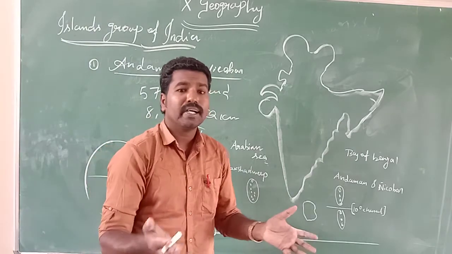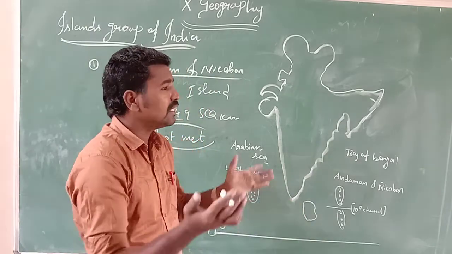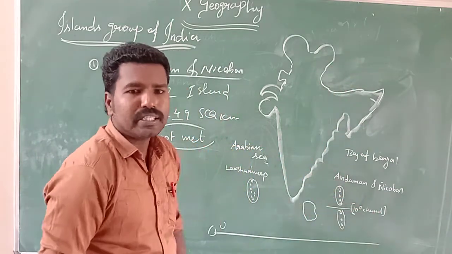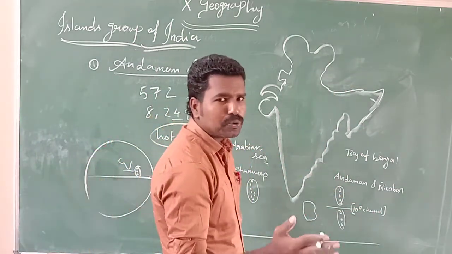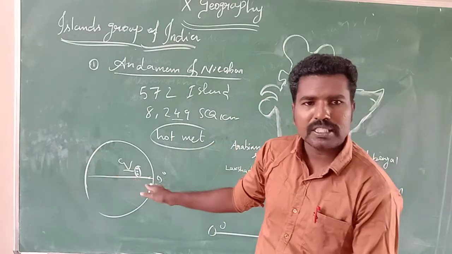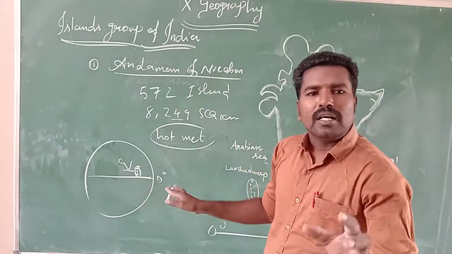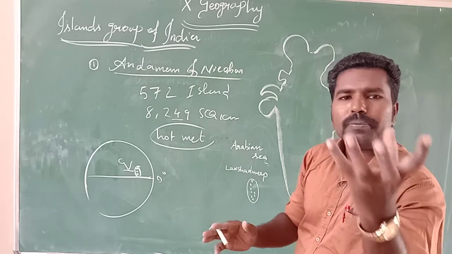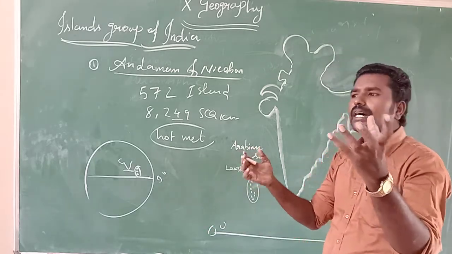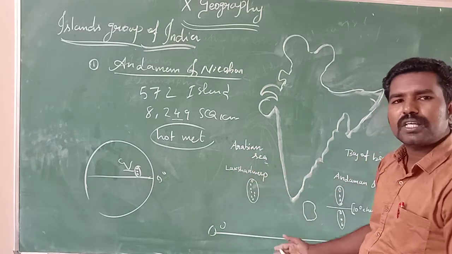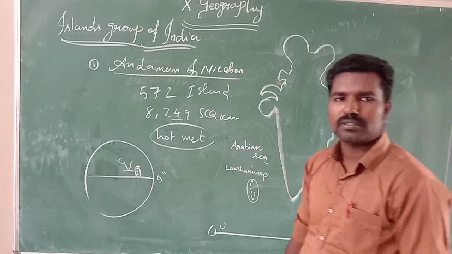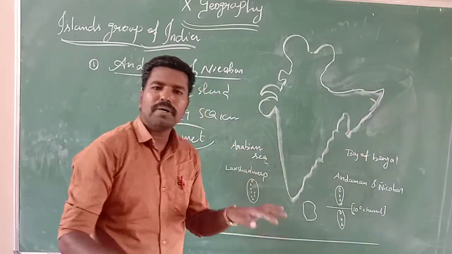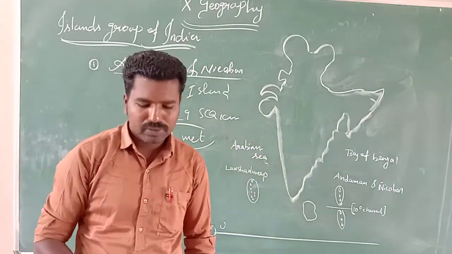We can also say that an island is a piece of land that appears above the water. Usually islands appear among the water. In islands, only the top of the mountains appears, and the other part of the mountain is submerged under water, so they are called submarine mountains. The Andaman Nicobar Islands and also the Lakshadweep Islands are submarine mountains.